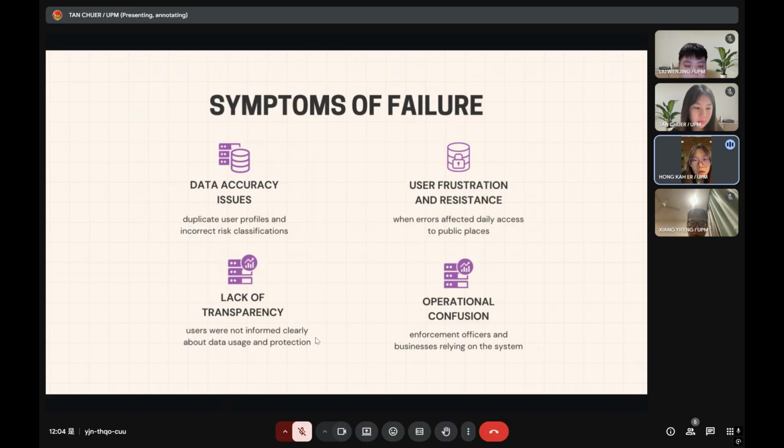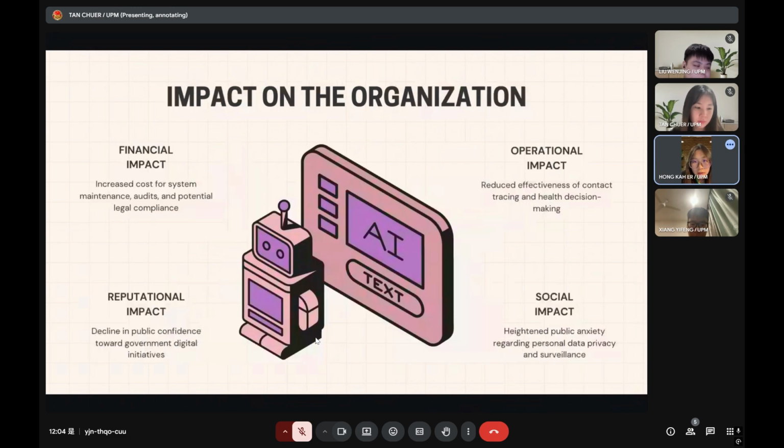This led to a lot of resistance and frustration because these errors directly affected people's daily life and their ability to enter public places. And on top of that, enforcement officers and businesses were often confused because the rules and the system weren't always clear or transparent. And moving on to the impact on the organizations.